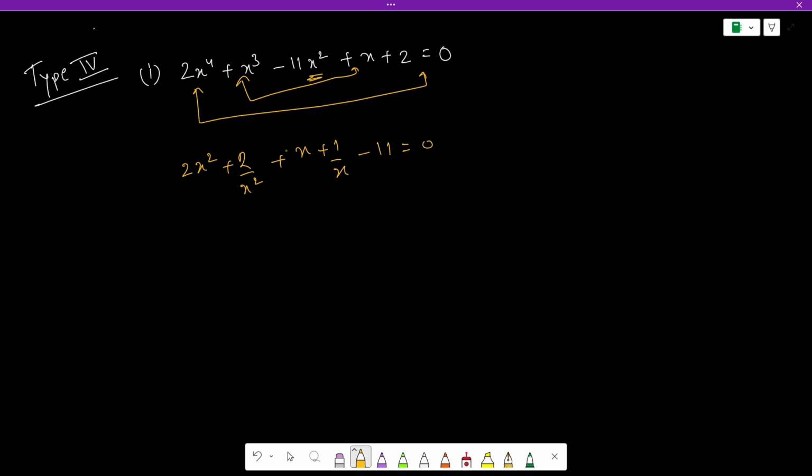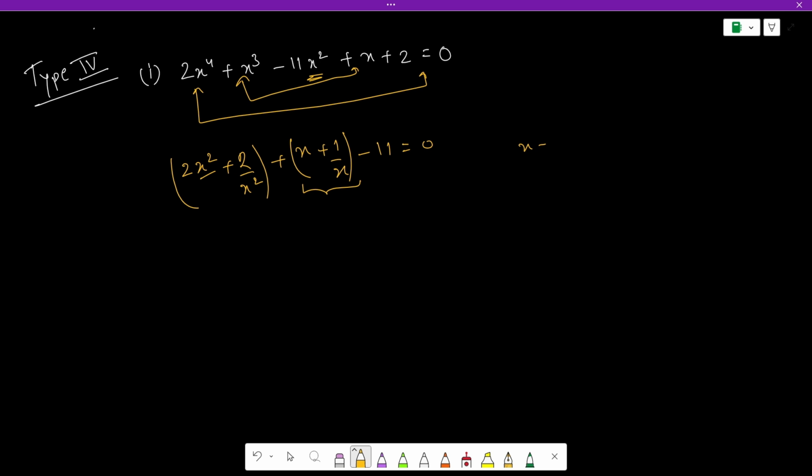So we have clubbed them, and now you can see the pattern why we did this. We did this so that we can get x squared and 1 by x squared, x and 1 by x, these terms clubbed.